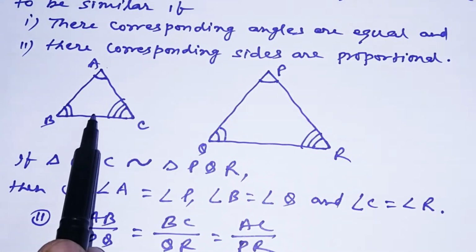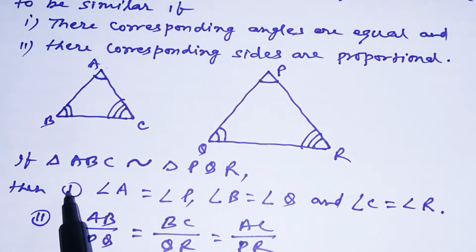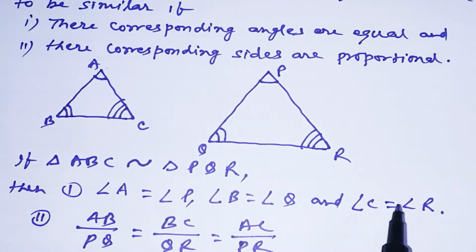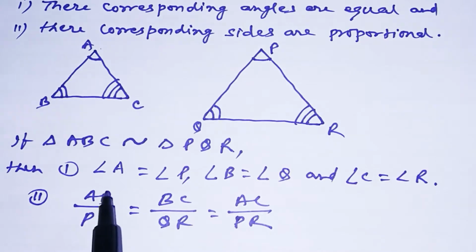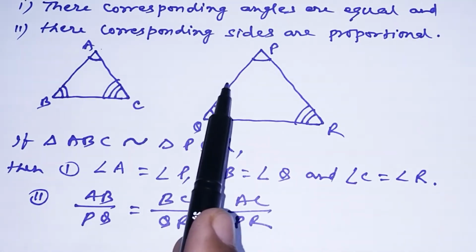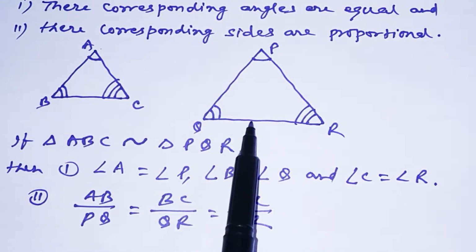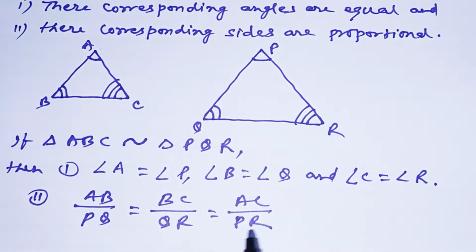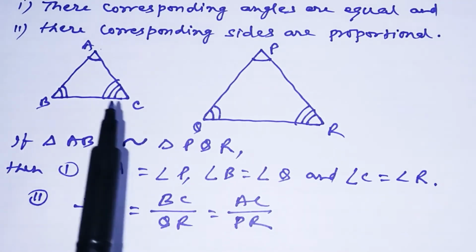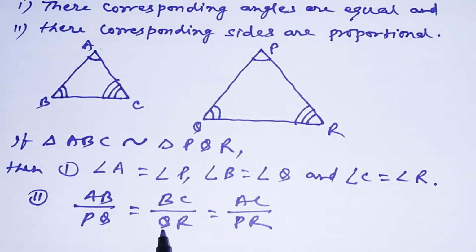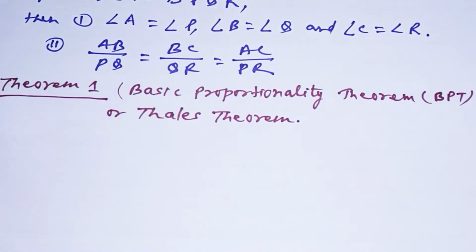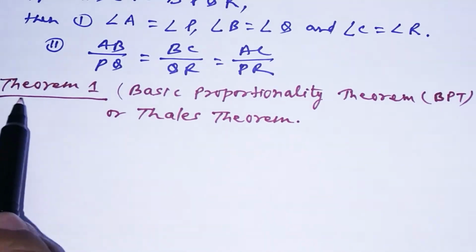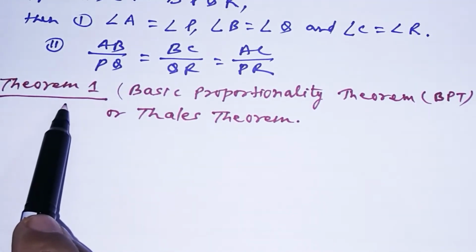So if two triangles are similar, then the first result is that all the corresponding angles are equal, and the second is that the ratios of their corresponding sides, AB by PQ equals BC by QR equals AC by PR. This is the concept of two similar triangles. Got it? Whenever two triangles are similar, these two results always hold.